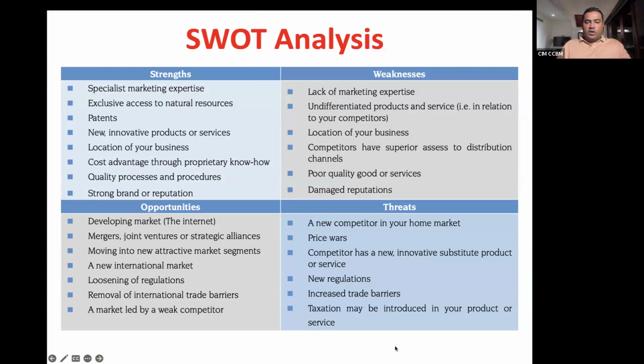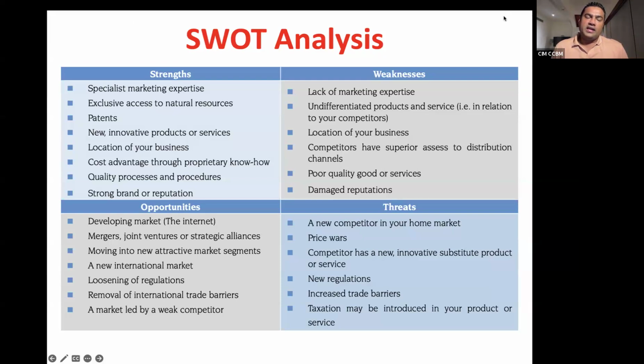Let's now come to the SWOT analysis. Okay, so let's look at the SWOT analysis now. The SWOT analysis, guys, is the most fundamental tool in marketing, right? It's the first tool you learn in marketing, okay?